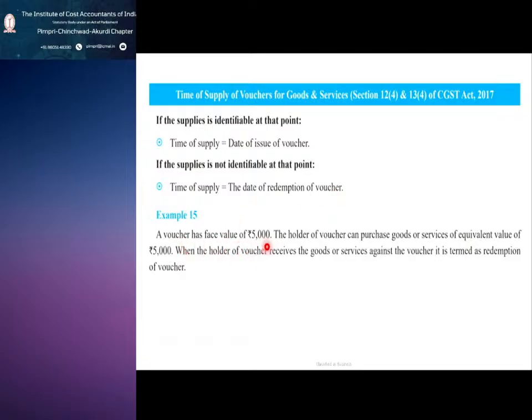The voucher has face value 5,000. The holder of voucher purchases goods or services of rupees 5,000. When the holder receives the goods or services against the voucher, it is termed as redemption of voucher. So when you are given a coupon and you purchase after submitting the coupon, that is called redemption of vouchers.